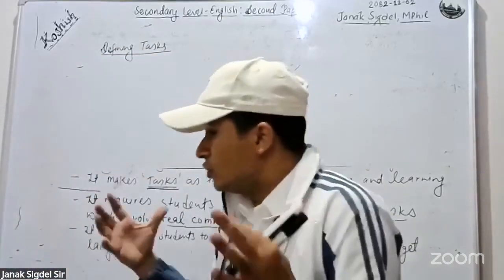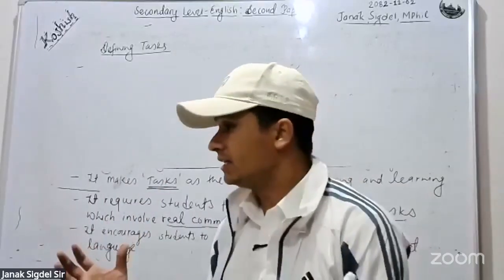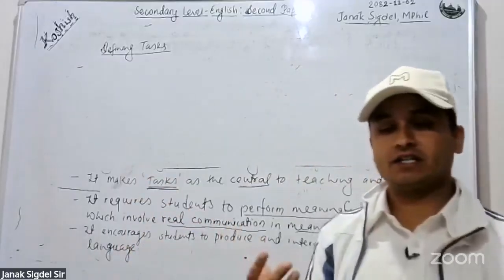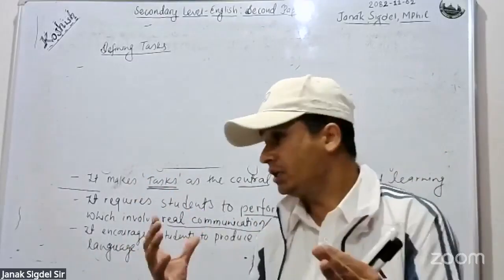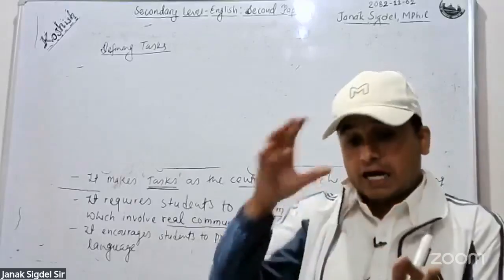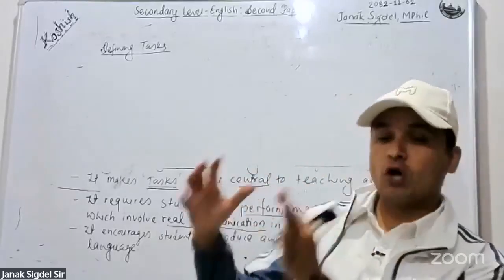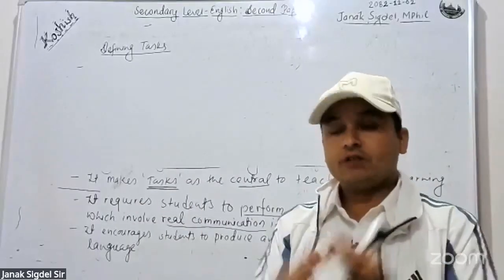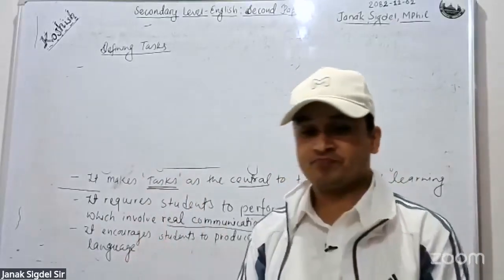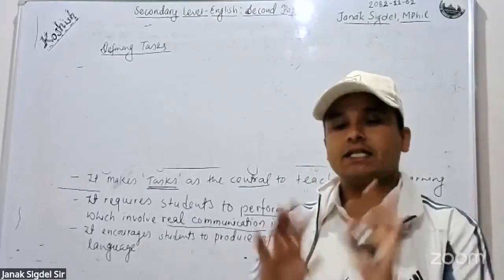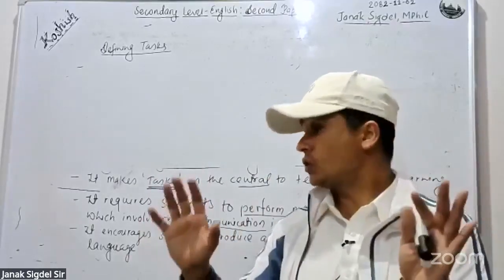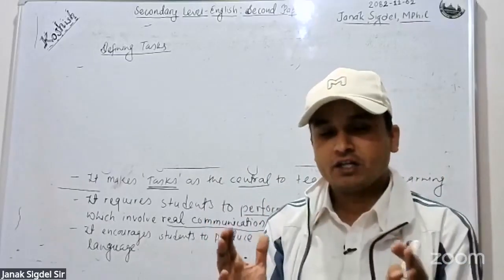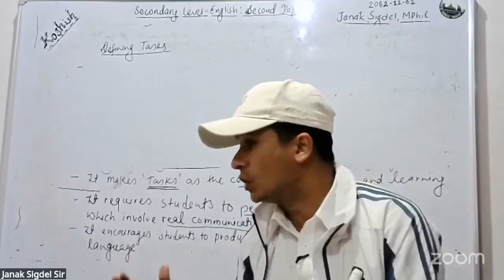Nunan, 1989, said that tasks focus on meaning rather than on the form. So task focuses on real world activities, and it focuses on task completion. So simply, task is an activity that requires learners to use the language with an emphasis on meaning to attain some kind of goal, right?